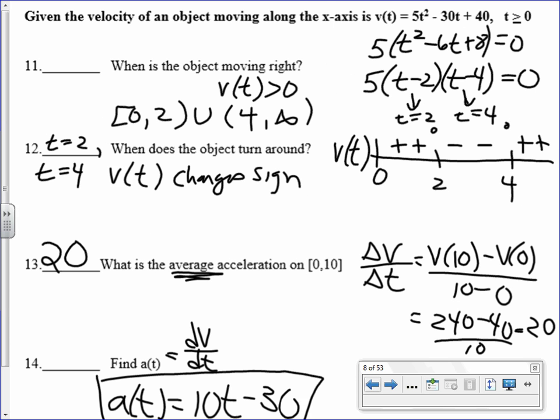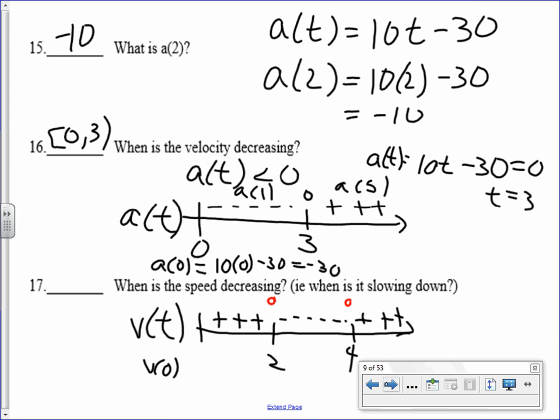At 0, it'd be positive 40. So they do have opposite signs at 0, because A of 0 is negative 30 and V of 0 is positive 40. So they have opposite signs from 0 to 2. I'll include the 0. And also they have opposite signs between 3 and 4.